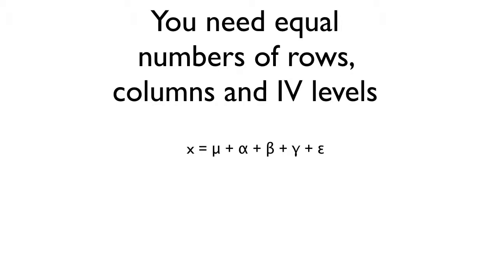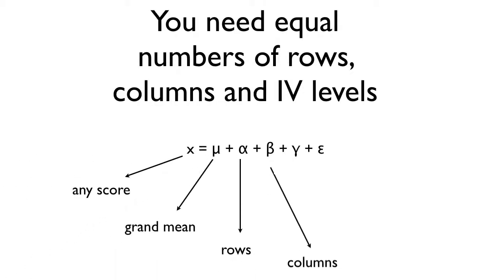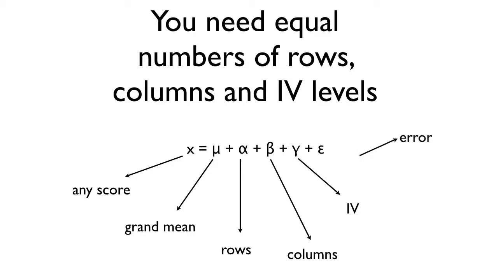And the model, which we've kind of been avoiding thinking about the last week or so, but in this case, any score equals the grand mean plus the rows, the columns, and the independent variable. And then what's left over. X equals mu plus alpha plus beta plus gamma plus epsilon.